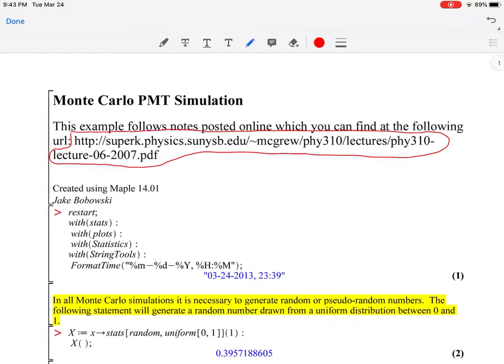I did check this link before making this video, and as far as I can tell, it's not active anymore. And I tried to search for an updated link with the same information, and I couldn't find one. Nevertheless, the person who did it was, I guess, McGrew.